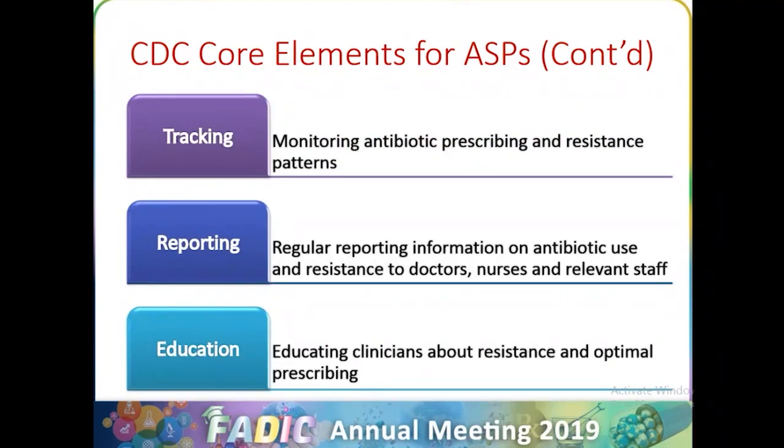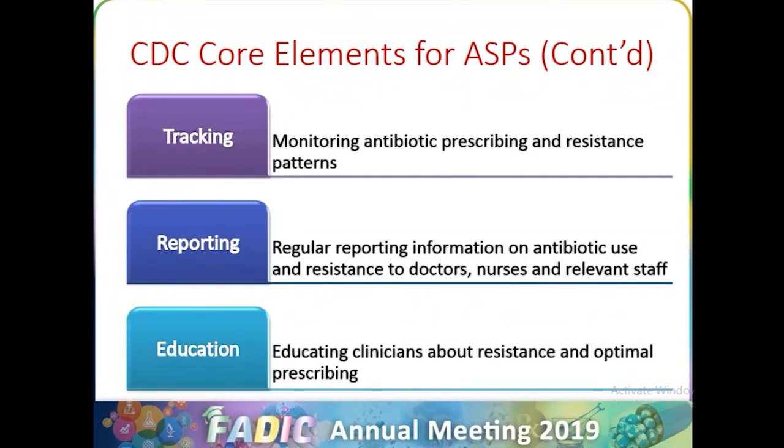For example, we can compare the resistance patterns between one year and another using the antibiogram of the hospital, as well as running a medication use evaluation to assess the antibiotic prescribing pattern in the hospital and whether it has improved or not after the implementation of the interventions.